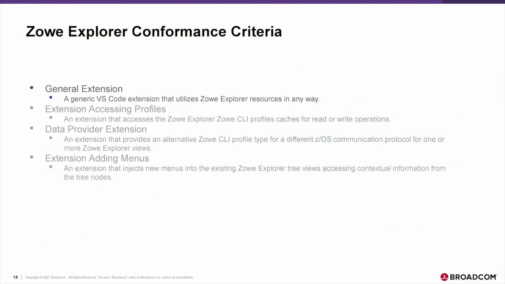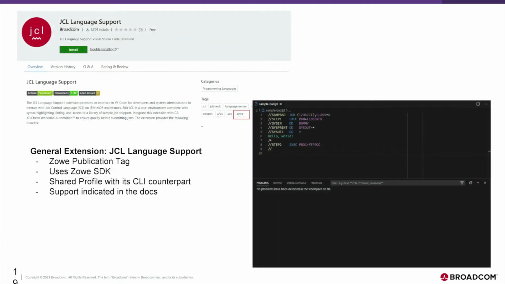The Zowe Explorer conformance criteria are separated into four categories. The first one we're going to talk about is called the general extension. What does it mean? It means that it is a generic VS Code extension that utilizes Zowe Explorer resources in any way. I can give you a good example for that. Here, I have the GCL language support.